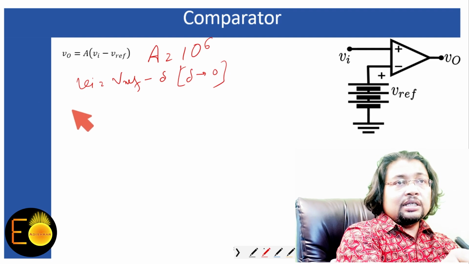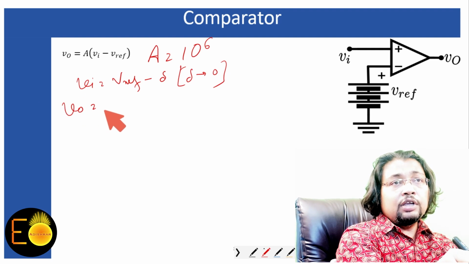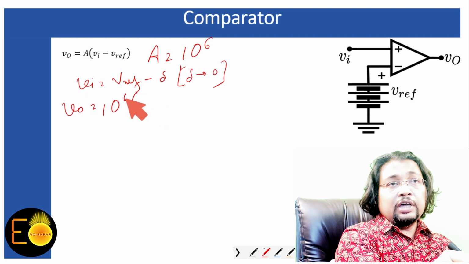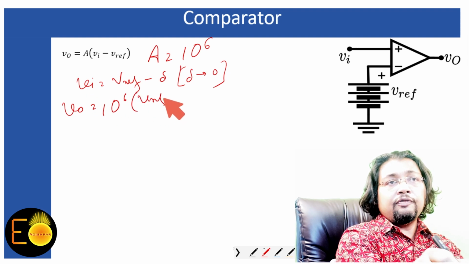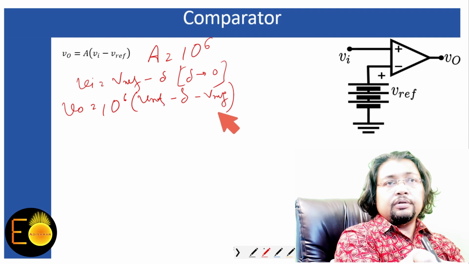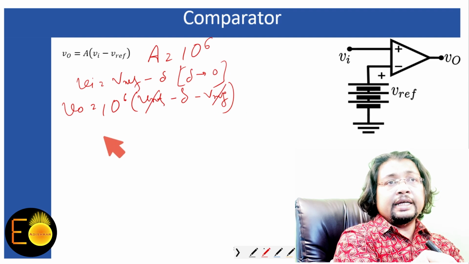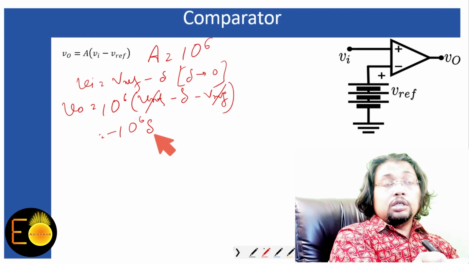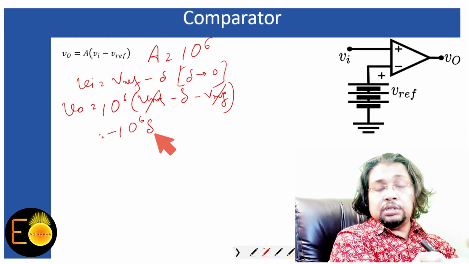In that case, you can write that V naught is equal to 10 to the power 6 times, if I replace this Vi by Vref minus delta, minus Vref, the reference voltage. So they get cancelled out, and you get 10 to the power 6 times this small difference in the voltages between its two terminals.